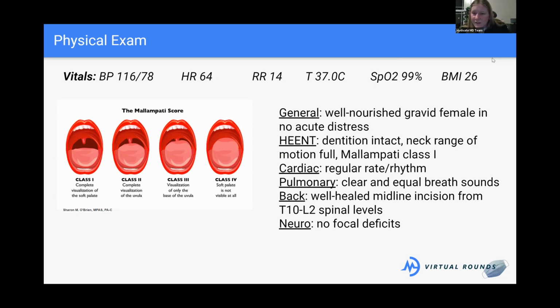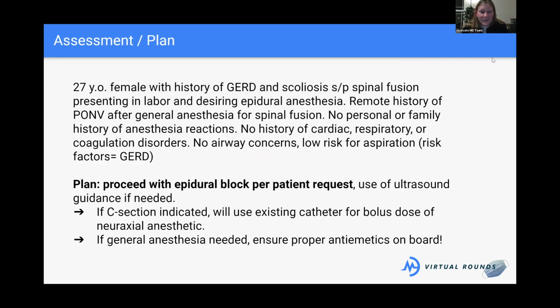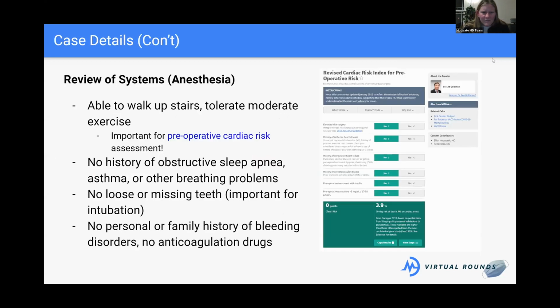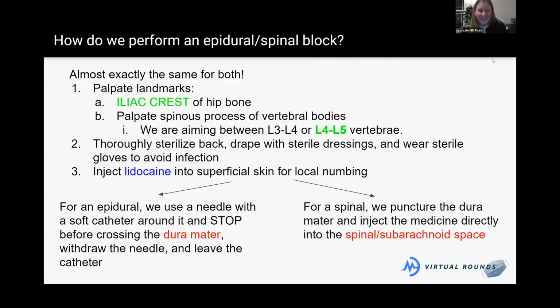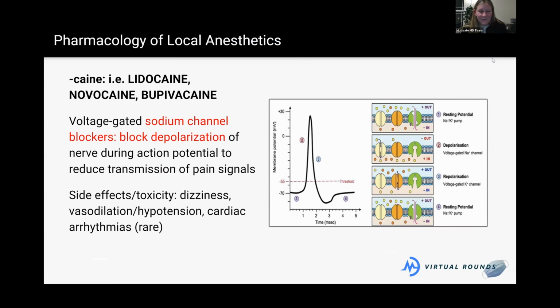Can I go back to the section regarding side effects and postoperative nausea and vomiting? Yes. I don't even remember when that slide was on. Side effects of the local anesthesia here: you can have dizziness, low blood pressure or hypotension, and arrhythmias.